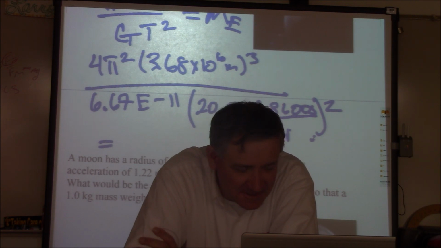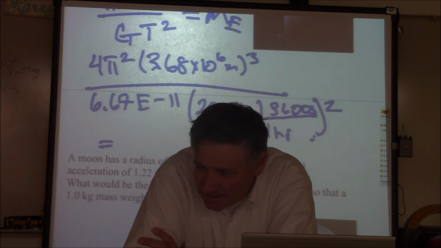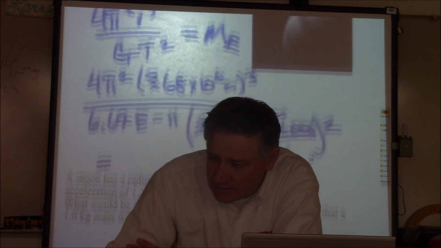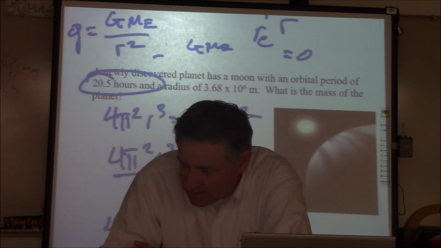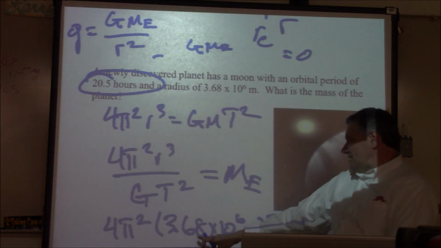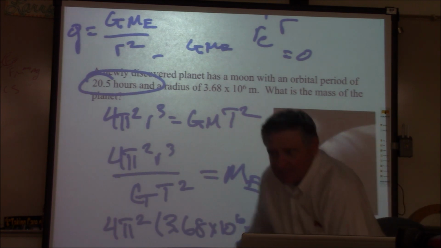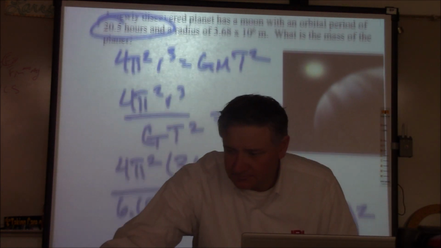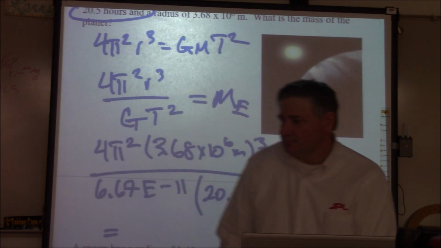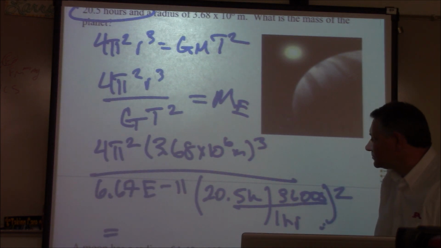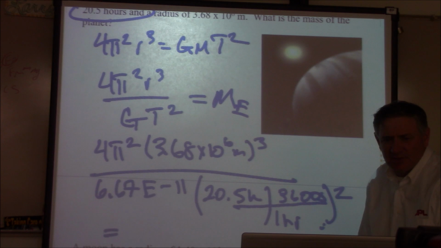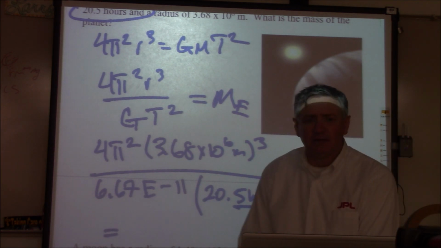What, Wertz? The radius. Huh? Tell me the radius, I can't see it. It is 3.68 times 10 to the 6th. How big should the number be? I think it's in the low 20s if I remember right.